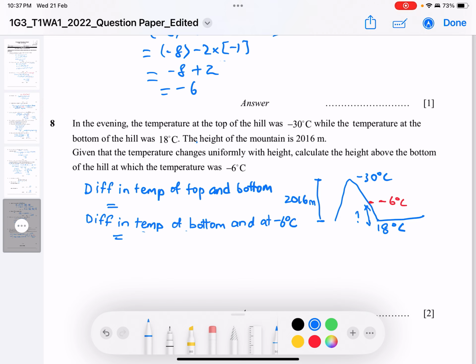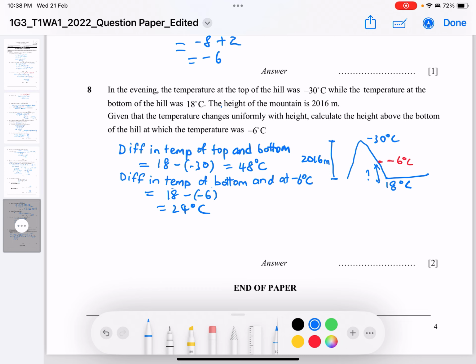To do that, we must first find the difference in temperature between the bottom and the top, and we always take the higher number minus the smaller number, and that gives us 48 degrees centigrade. Similarly, we find the difference at negative 6 degrees and the bottom. So we have again the higher number minus the smaller number, and that gives us 24 degrees centigrade.